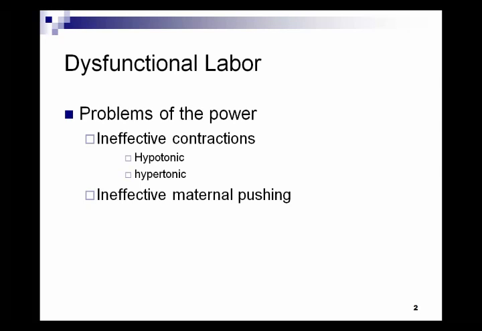Hypertonic is where a woman has uncoordinated and erratic contractions that exceed an acceptable duration or frequency. Very important point: remember that contractions should not last longer than 90 seconds, and you need a rest period of a minimum of 30 seconds, because every time the woman has a contraction, blood flow goes to the uterus.